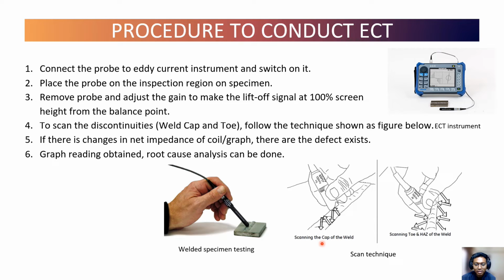For the weld cap scanning, we need to do the zigzag motion. For the toe scanning, we need to move the probe as the arrow shows. Then the graph will show in the instrument on the screen, and if there is any change in the net impedance of the coil in the graph, that shows that the defect exists.